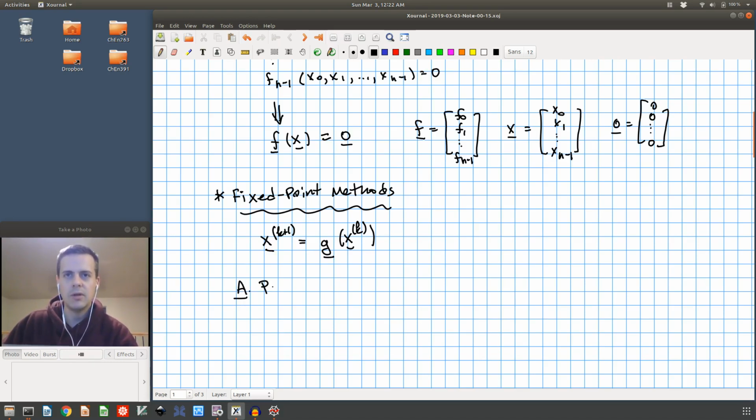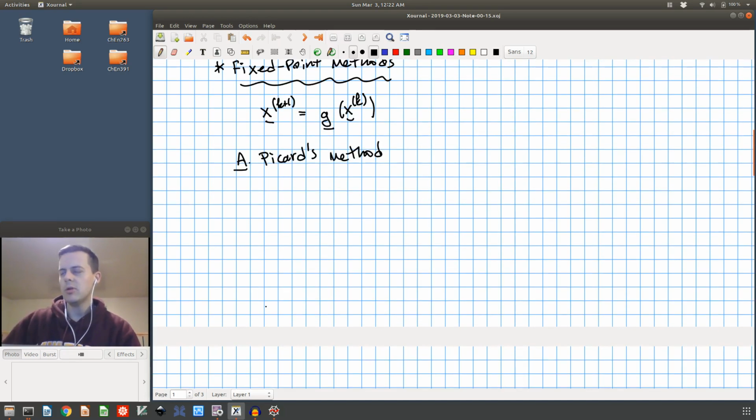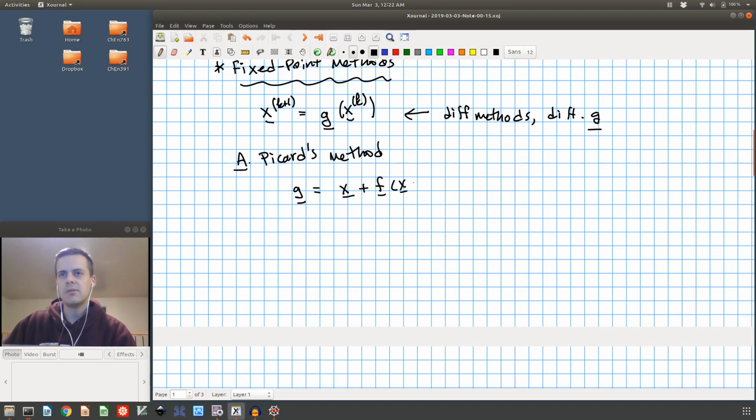A, Picard's method. In Picard's method, remember, these different methods, all they are, we're picking G. Different methods are different G. So in Picard's method, we said that G is equal to x plus f of x.